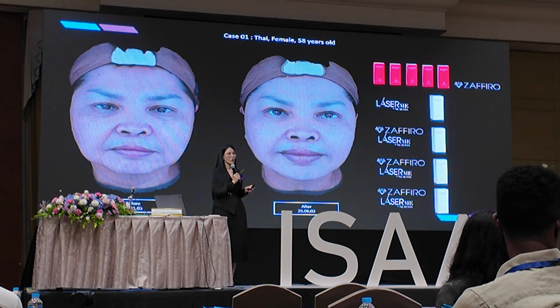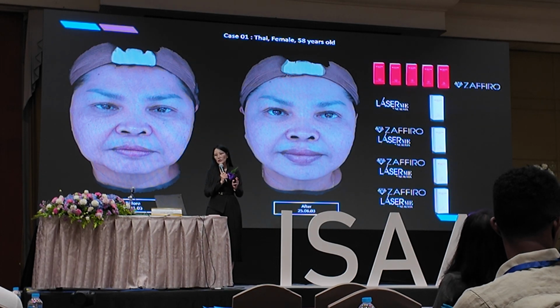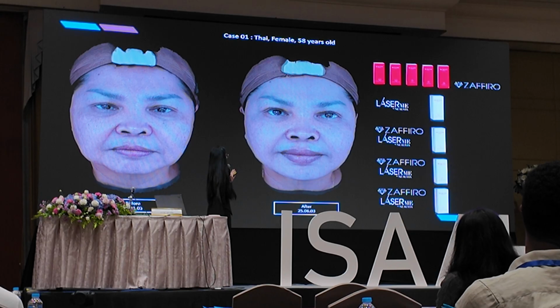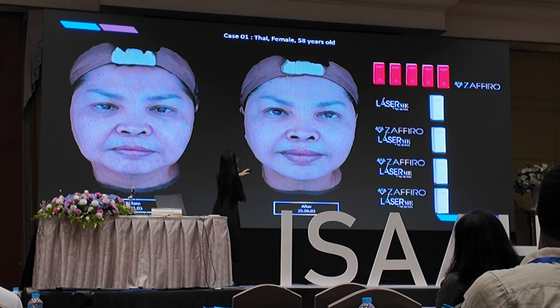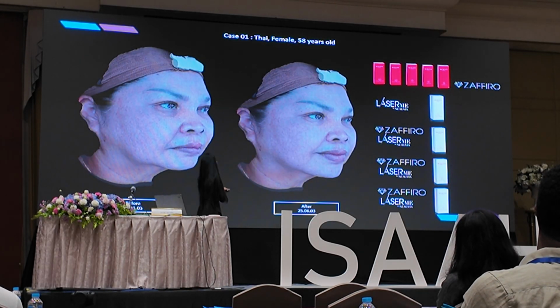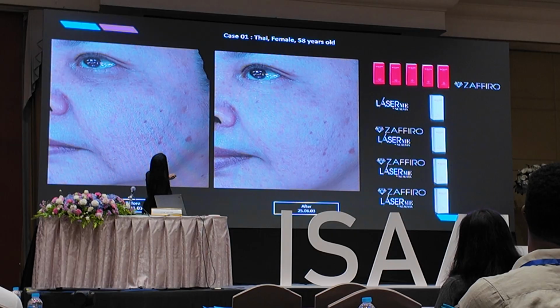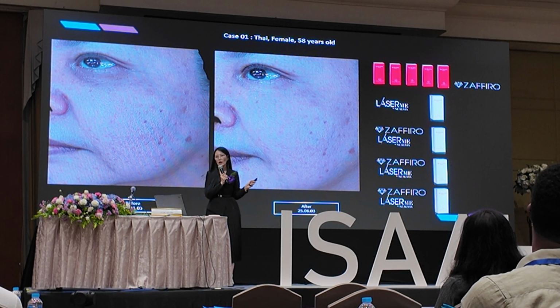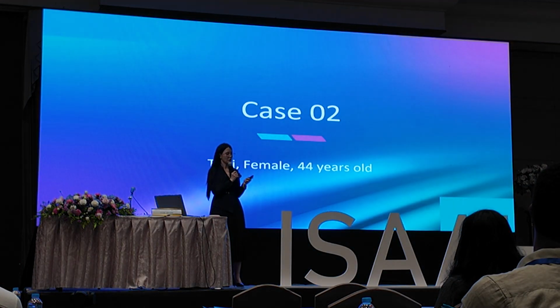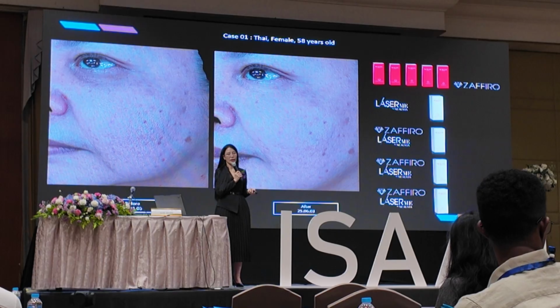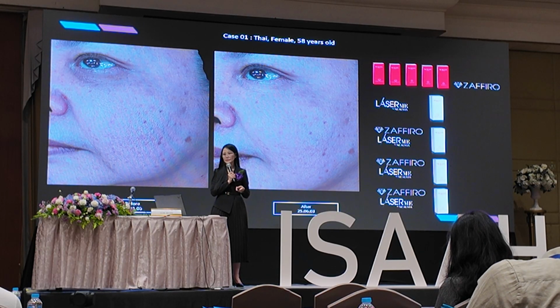And this is the result before and after doing all the treatment for her. You can see the improvement of the skin quality, her skin looks more brightened, and there is a lifting effect here. Very nice, very natural. Here the pores, the wrinkles, also with the whitening effect, because the calcium hydroxyapatite has some brightening effect on the skin.